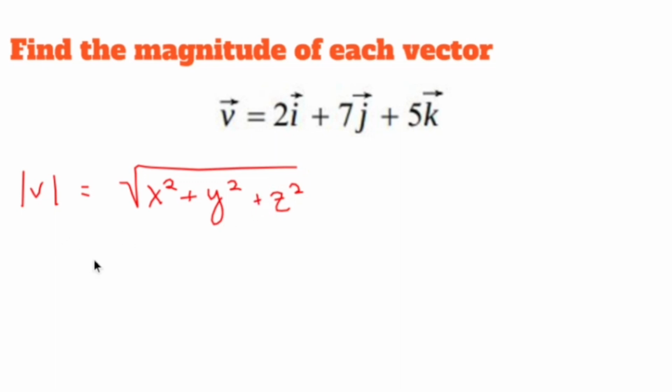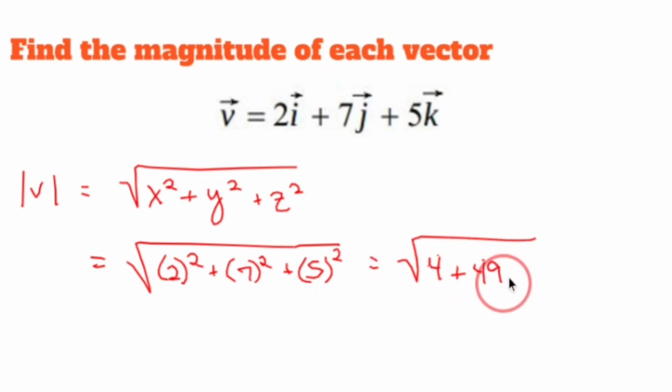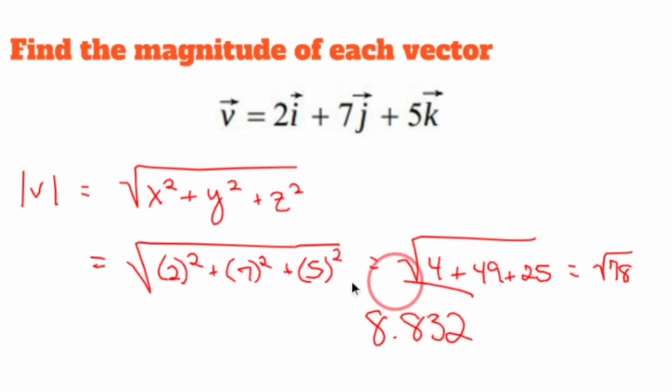So this is going to end up being 2 squared plus 7 squared plus 5 squared, which ends up being the square root of 4 plus 49 plus 25, which ends up being the square root of 78, which ends up being 8.832.